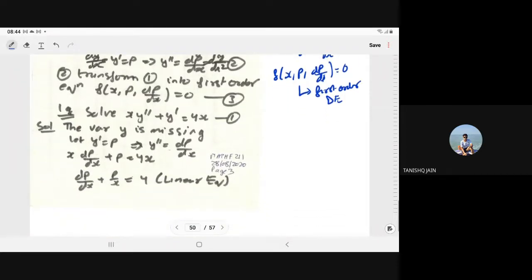So let us understand this as a question. Solve x y double dash plus y dash is equal to 4x. Here you can see we have a second order differential equation, because of the involvement of y double dash.